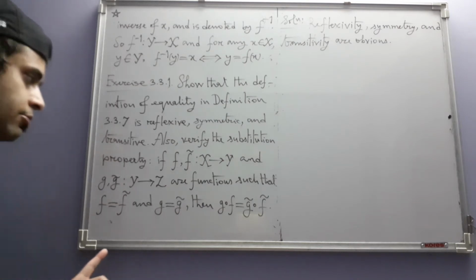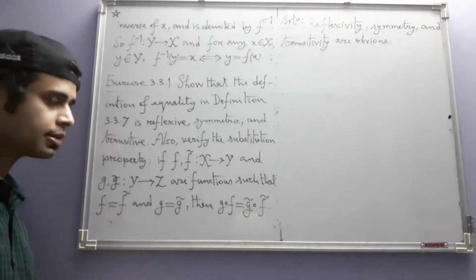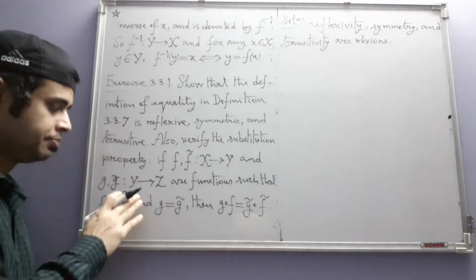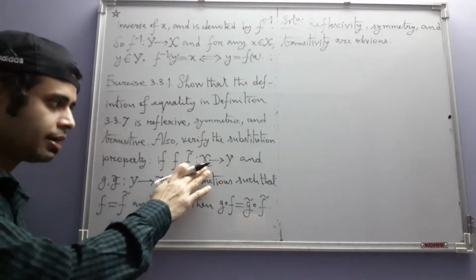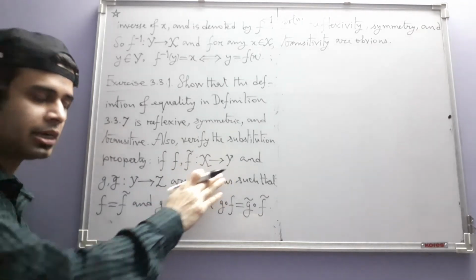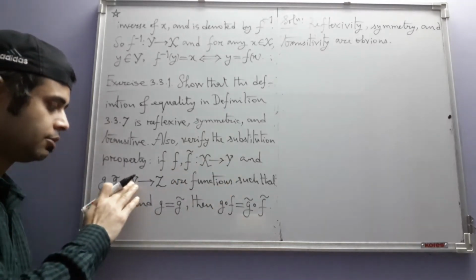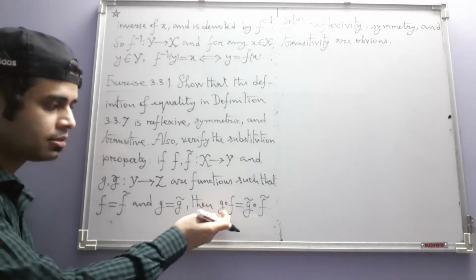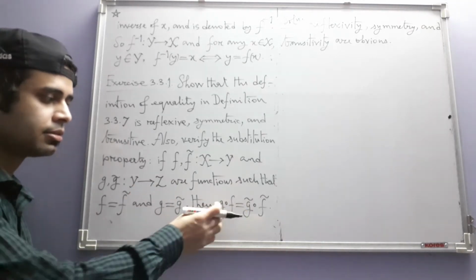Here what is given to us? Four functions are given. F, F tilde, G and G tilde. And F and F tilde have domain X, range Y. G and G tilde have domain Y, range Z. So you can see that these compositions make sense separately.